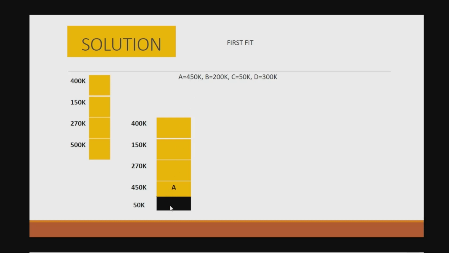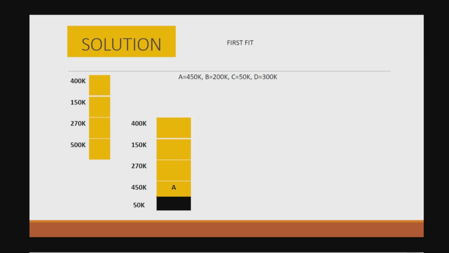At this block, 450 is used by process A, and the remaining 50k is what we call internal fragmentation. So here it is unused and cannot be used by the other process.